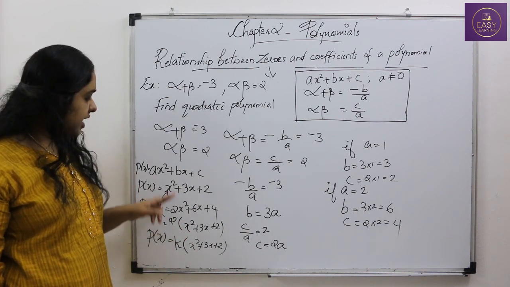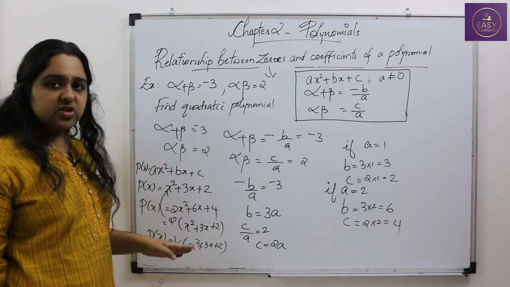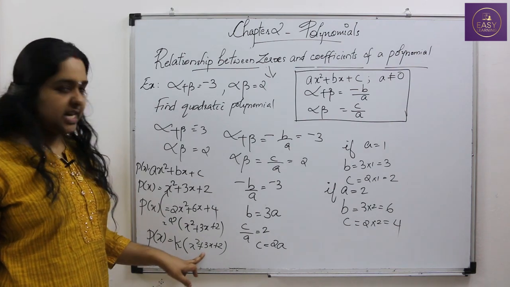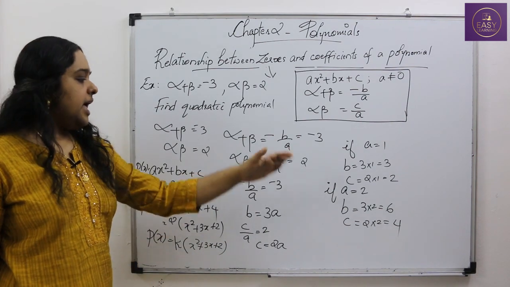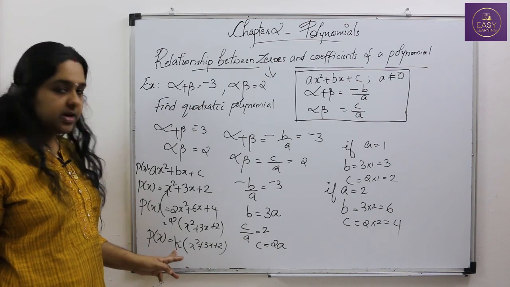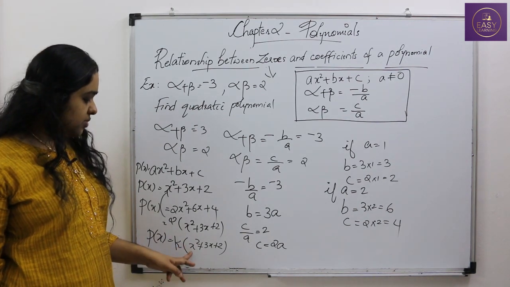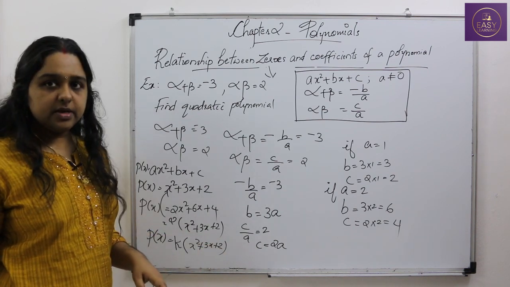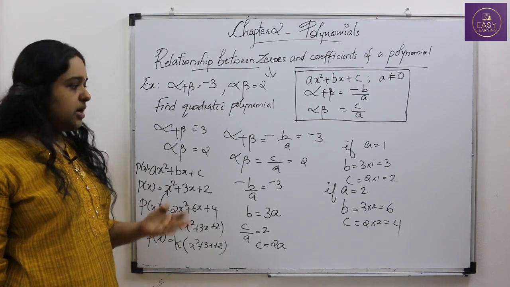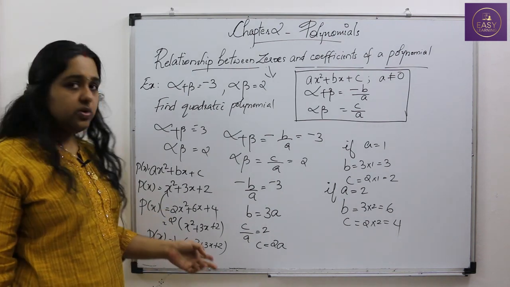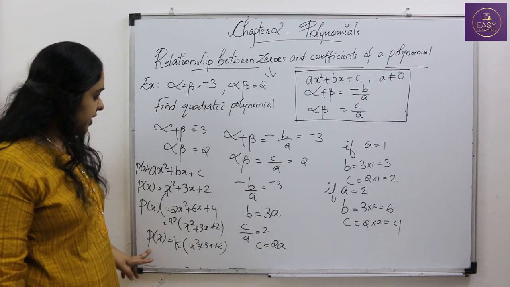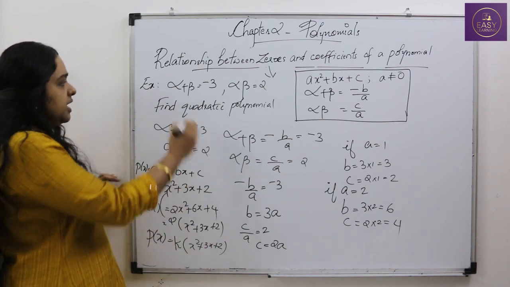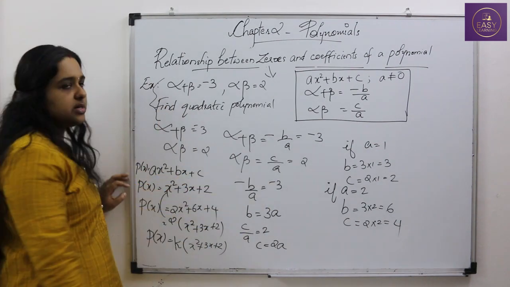Each time we change the value of a, our polynomial also changes. If a equals 10, then k becomes 10, and the polynomial becomes 10x square plus 30x plus 20. So depending on the value of k, our polynomial will change. If we get questions like this, we can solve them in this manner.